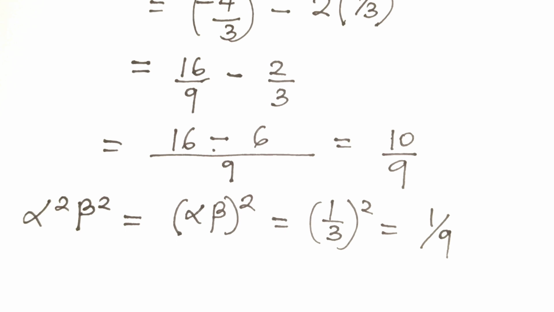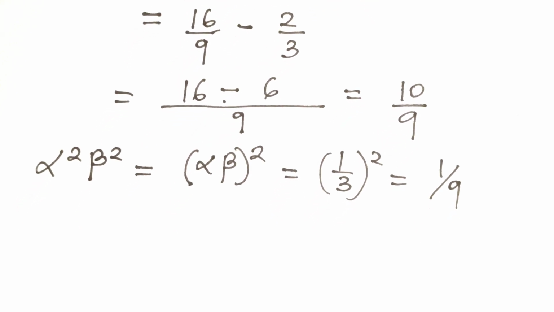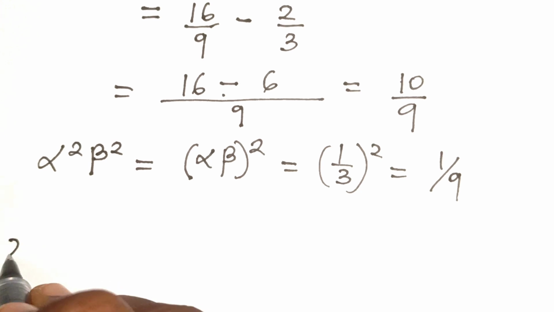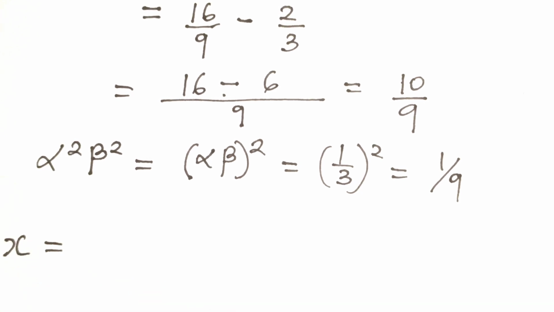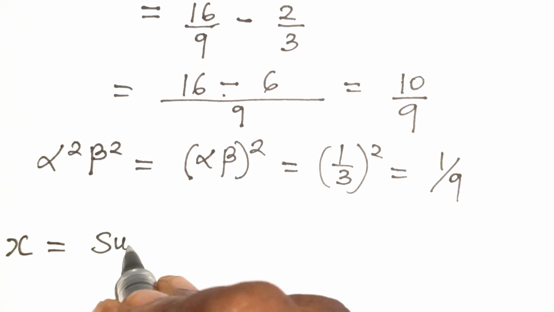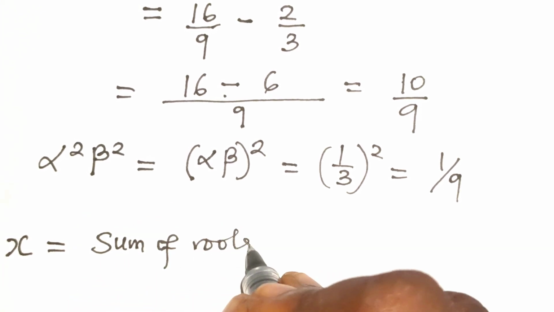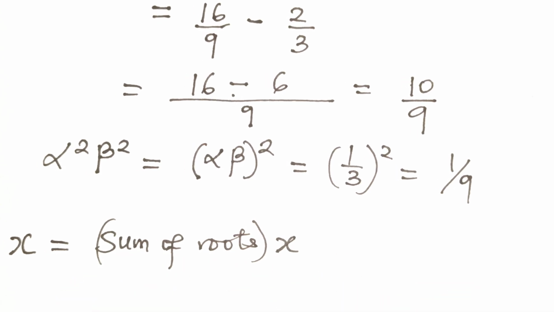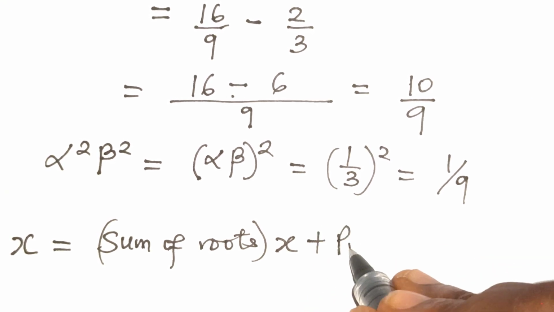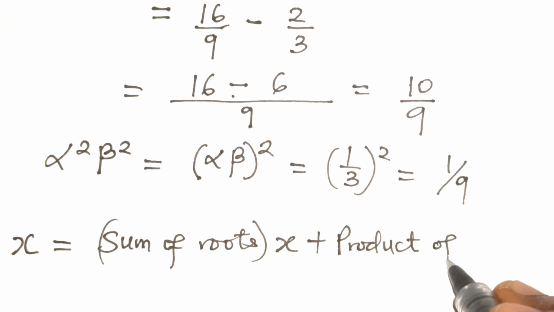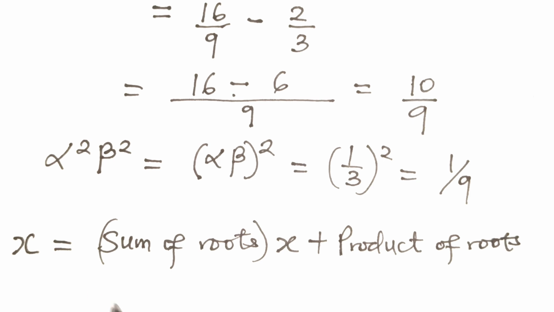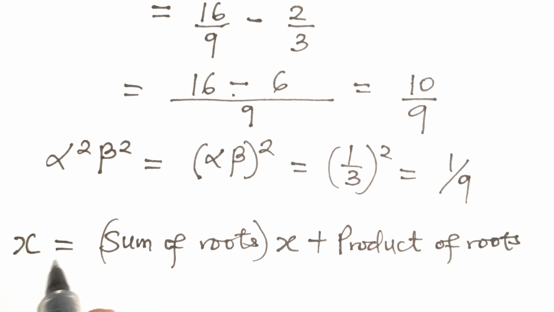Therefore, since we already have values for the sum of the roots and the product of the roots, the quadratic equation whose roots are alpha squared and beta squared is x equal to sum of roots multiplied by x plus product of roots, sorry, I made a mistake.